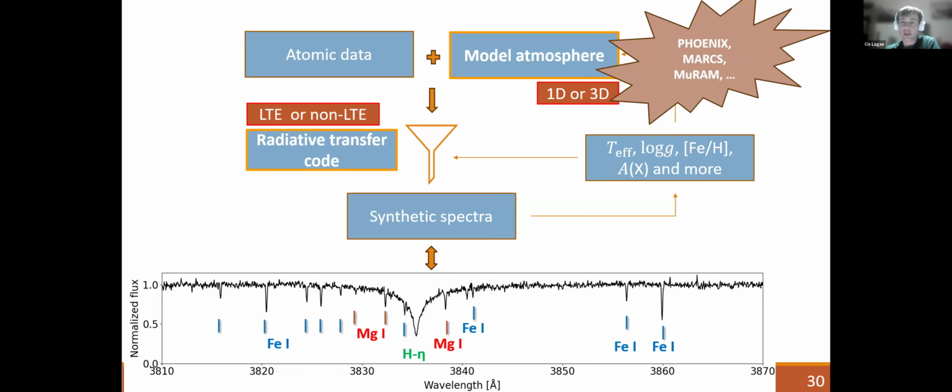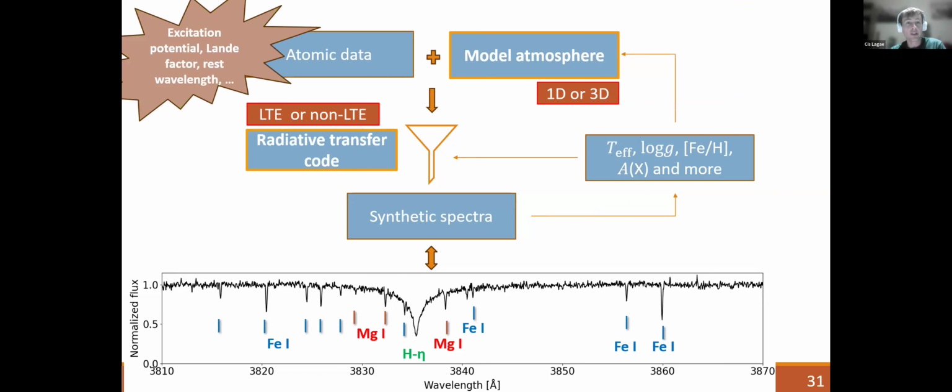In the beginning, we have model atmospheres and atomic data that are the inputs we need. Model atmospheres, think about PHOENIX, MARCS, MURaM, 1D or 3D models that are based on the stellar parameters of the star you want to look at, like effective temperature, surface gravity, or chemical abundance, solar metallicity, anything.